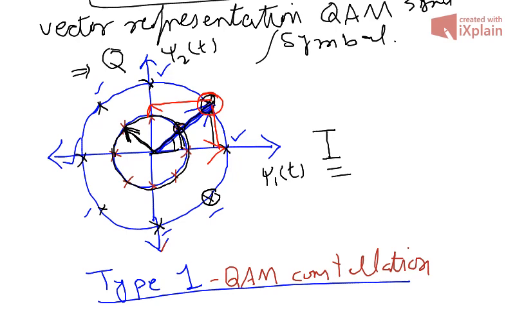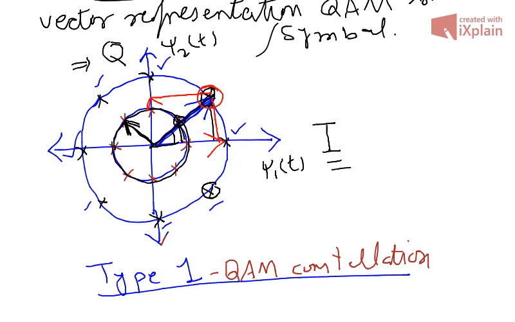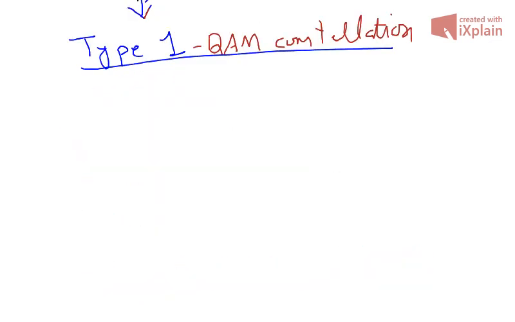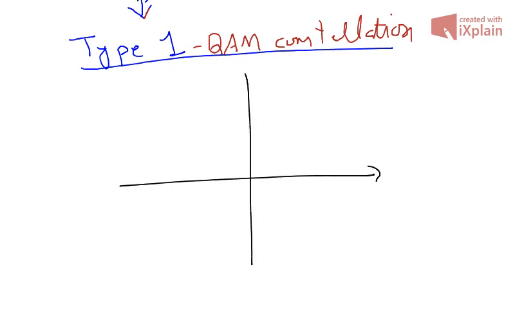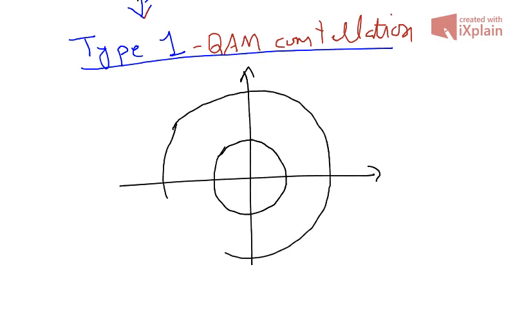Similarly, the type 2 constellation, which was used just after the type 1 constellation, just a year after this one, used the same two circles, but instead of placing 8 points on the inner circle, they placed just 4 points on the inner circle, so that the distance between these points is increased.